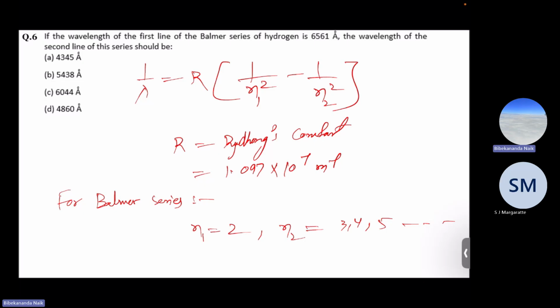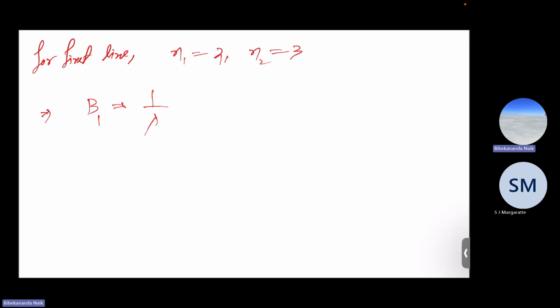So what is the first line of Balmer series? For the first line, n1 will be 2 and n2 will be 3. So for the first line of Balmer series, what will be the value of the wavelength? 1 by lambda will be R times 1 by 2 square minus 1 by 3 square.